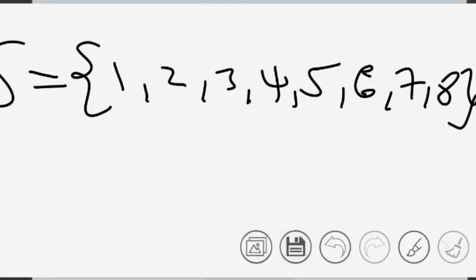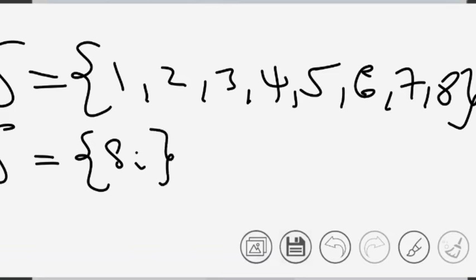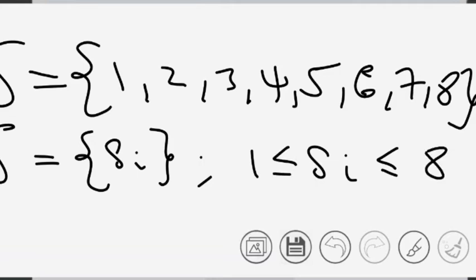But if I was to write it in a more mathematical form, it should have just been that S is equal to si, where all of the si are between 1 all the way down to 8. So I'm going to have that as my possible sample space.